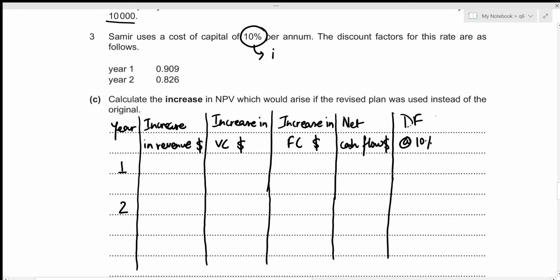All right, then we can finally figure out the increase in net present value. So that's our net present value. Okay, we will start with our increase in revenue, and we know that we already figured out our total revenue for both the original plan as well as the revised plan in the first part of this question. So let's have a look there.